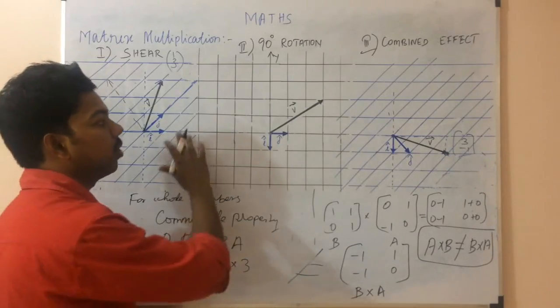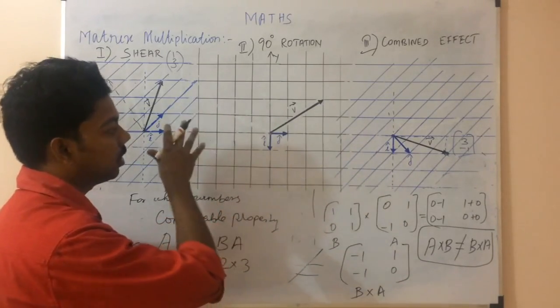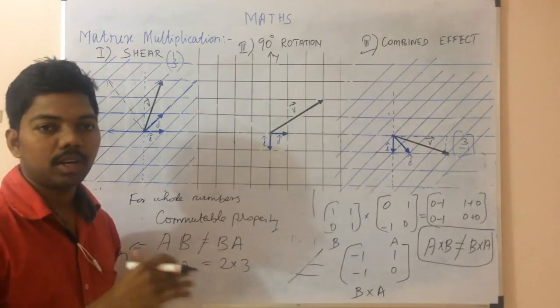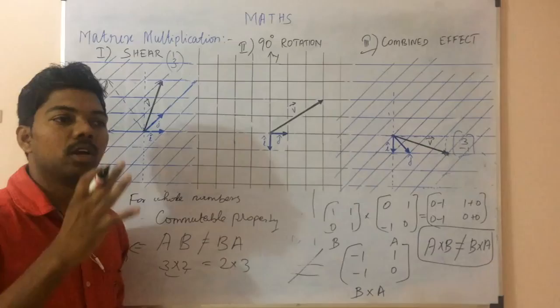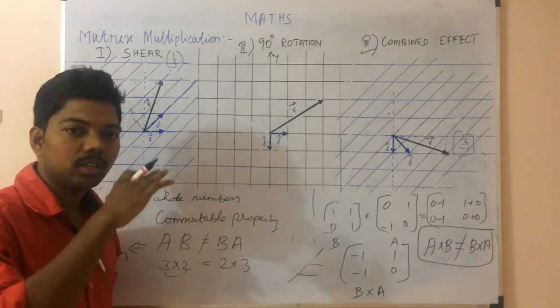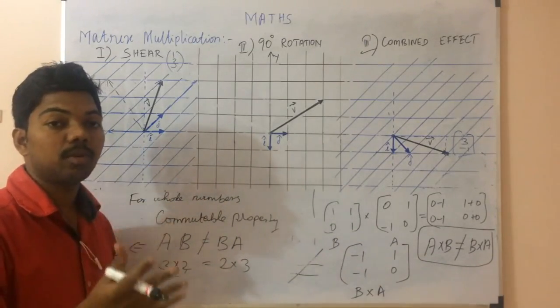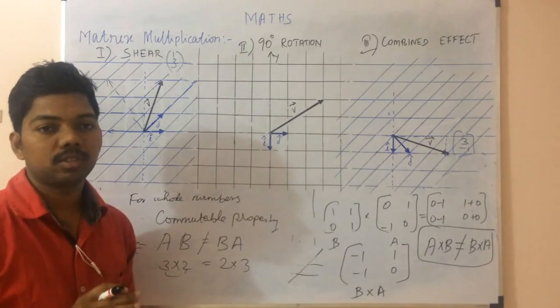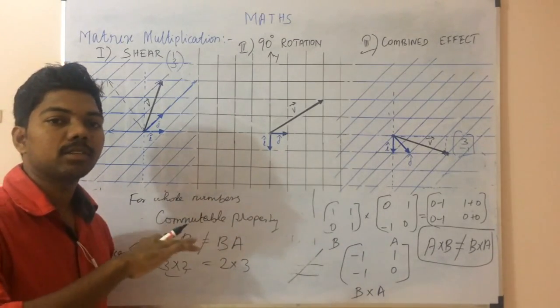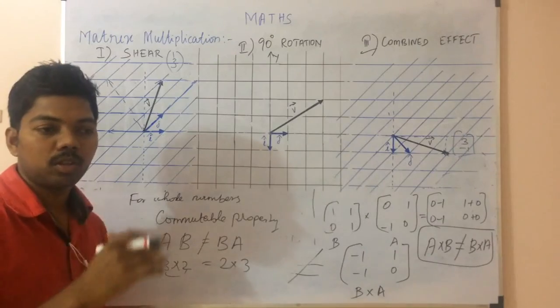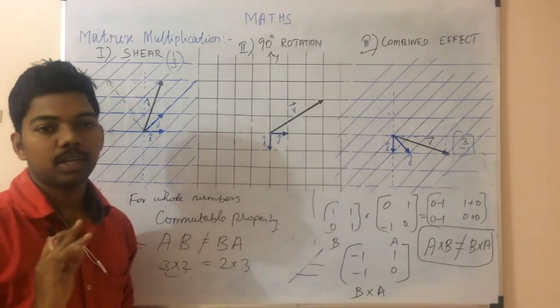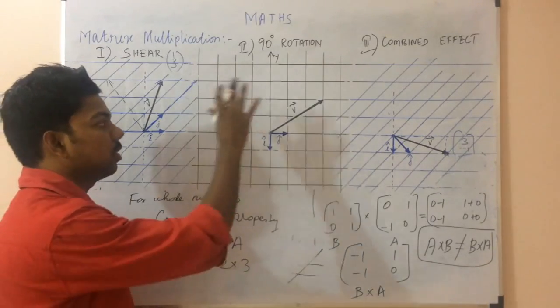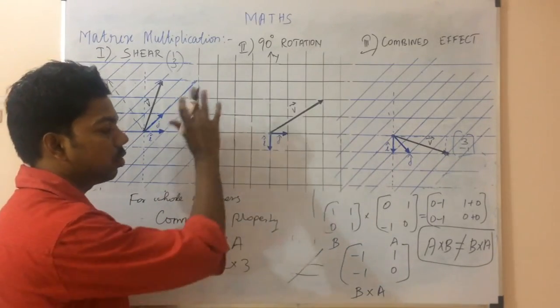That's why I'm only considering 2 dimensions in our classes. For 3 dimensions, you have to imagine yourself how the vectors will be represented and how the matrices will be multiplied.